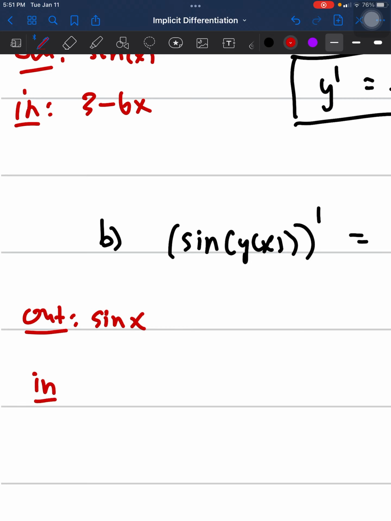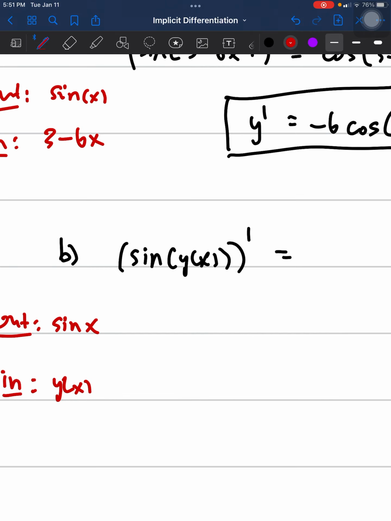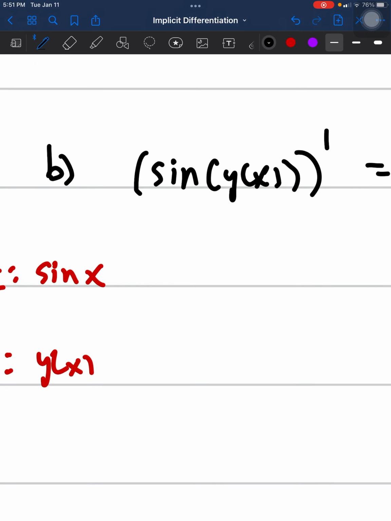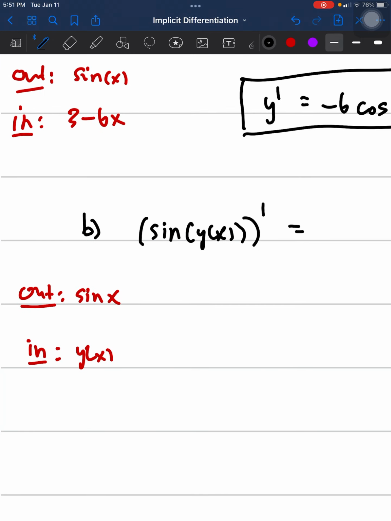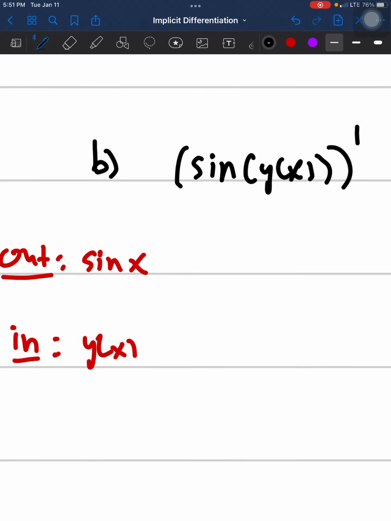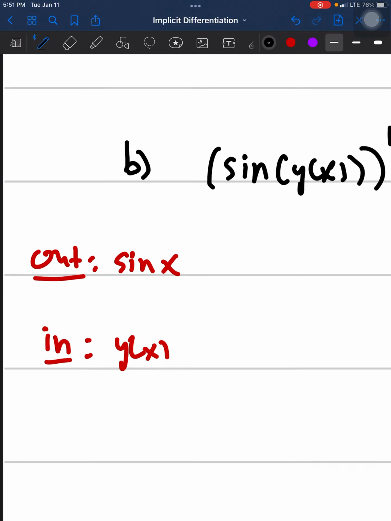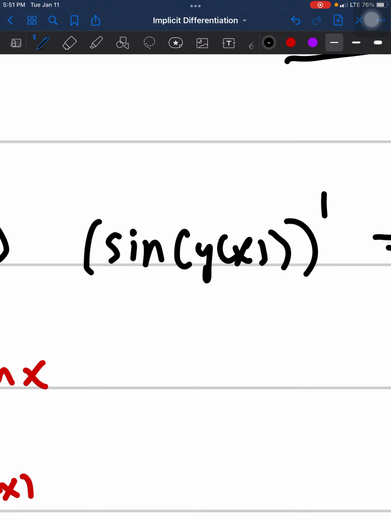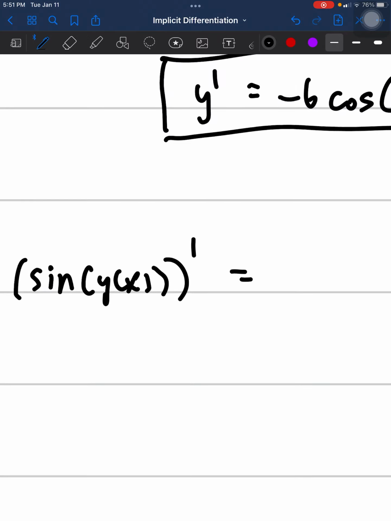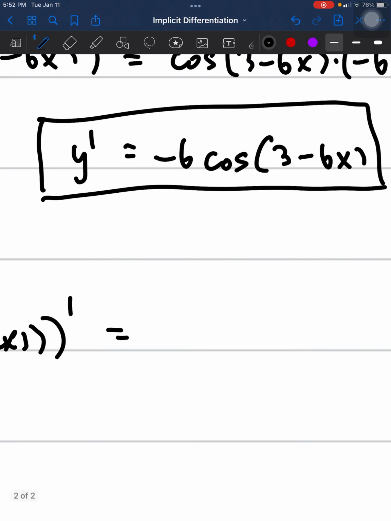So the outside function here is sine of x. The inside function here is y of x. So y of x is a function of x, so we have to remember to place a y prime when we're differentiating y of x.